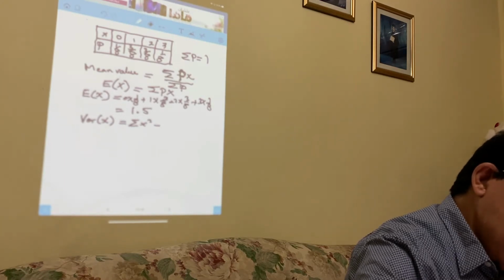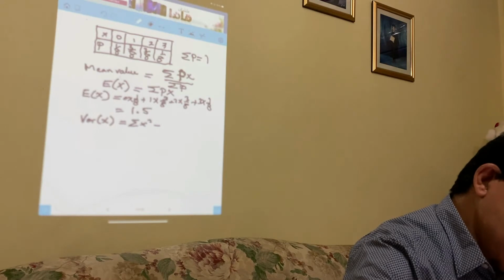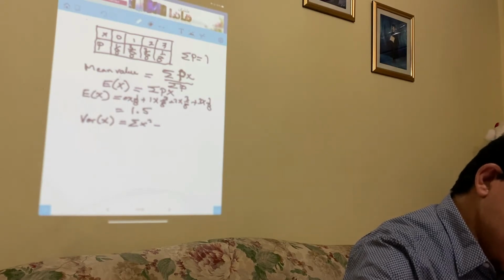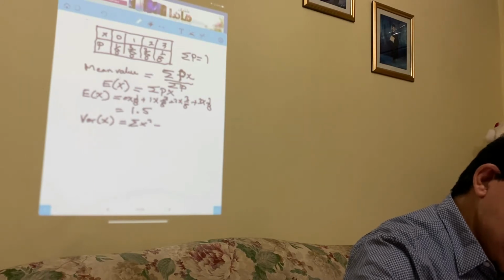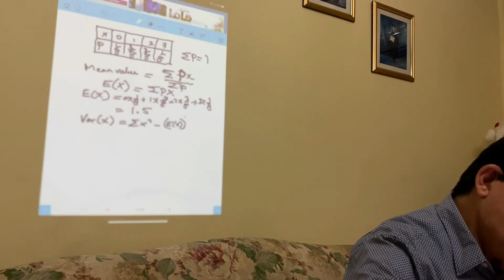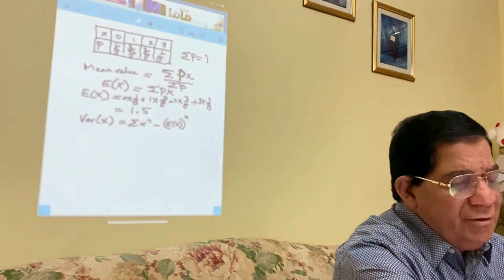Now, our new rule, because sigma p is 1, becomes like this. It is sigma x squared minus the expectation of x squared. The previous rule is modified.